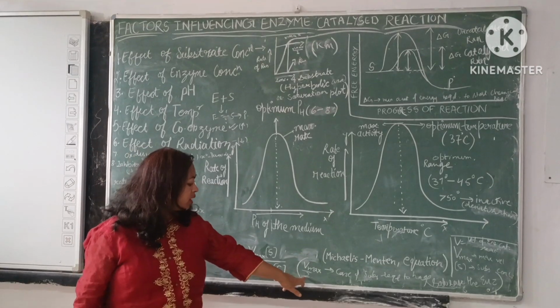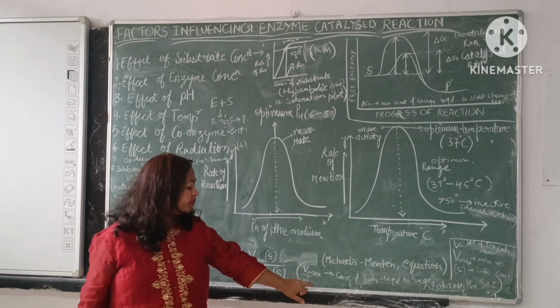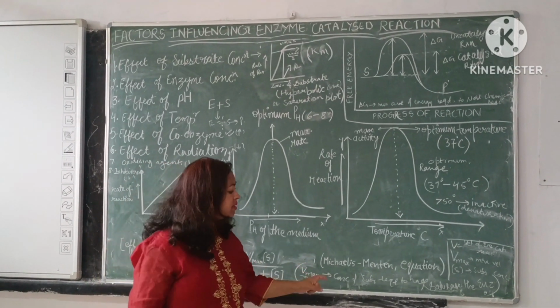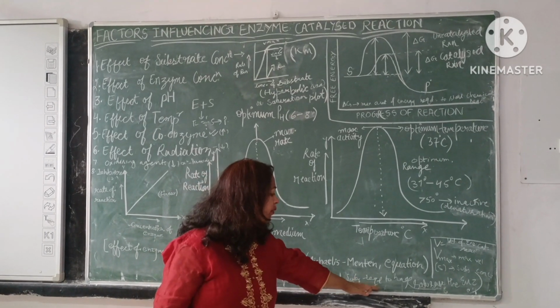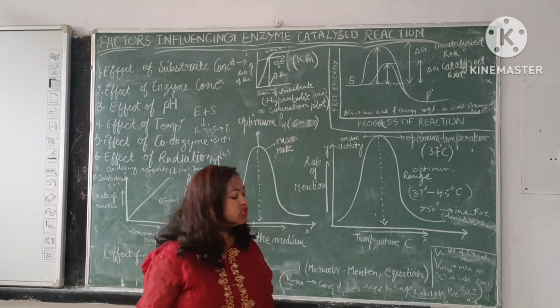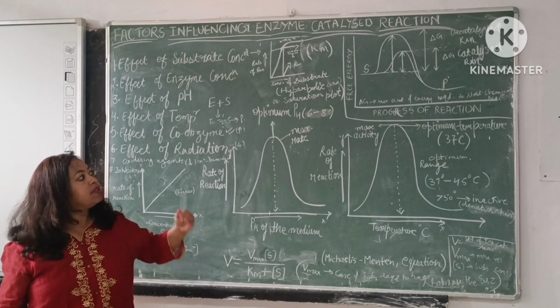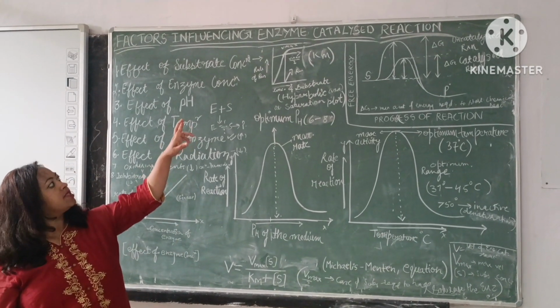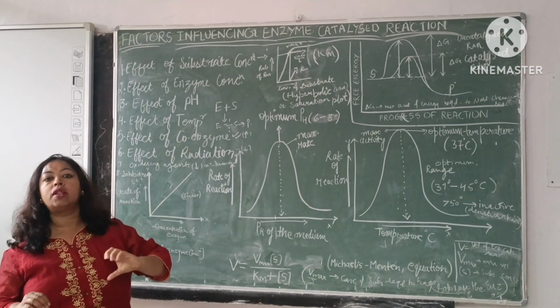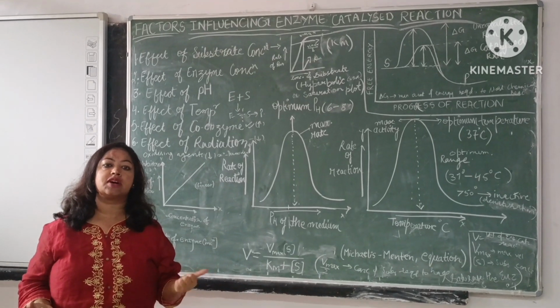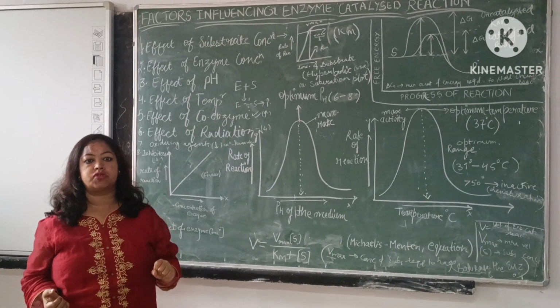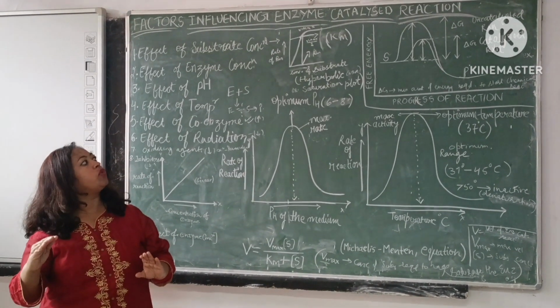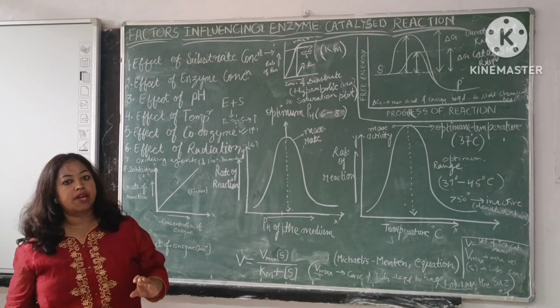I have earlier told you that Vmax upon 2 is the concentration of substrate required to half saturate the enzyme. That means after it attains the Vmax velocity, all the active sites of enzymes are fully saturated with the substrate and then there will be no change in the rate of reaction.